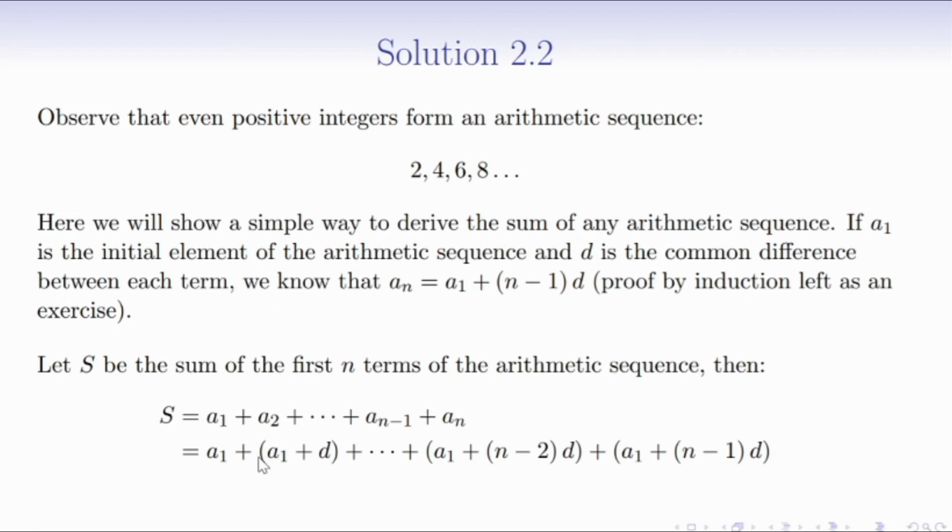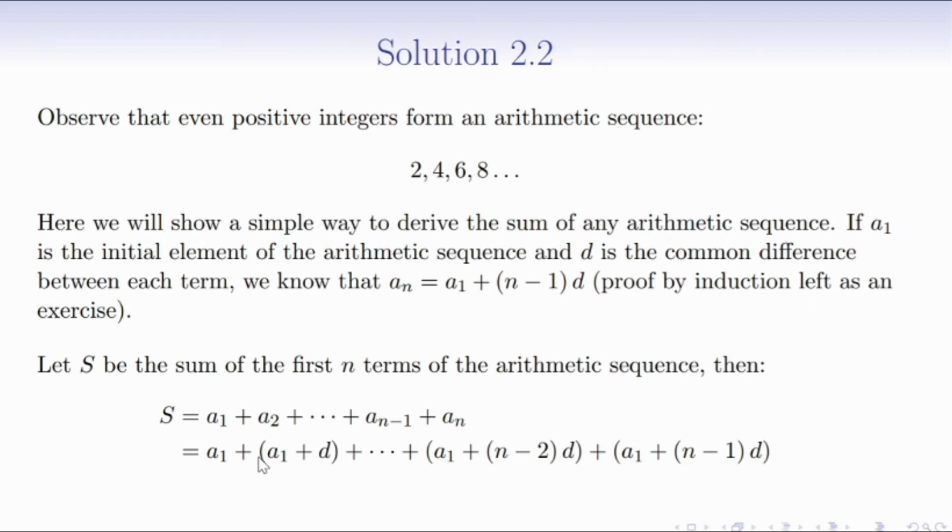Using the expression for the nth term, a sub 2 is a sub 1 plus d, a sub 3 is a sub 1 plus 2d, a sub n minus 1 is a sub 1 plus n minus 2 times d, and a sub n is a sub 1 plus n minus 1 times d.